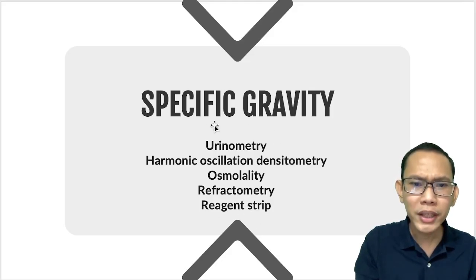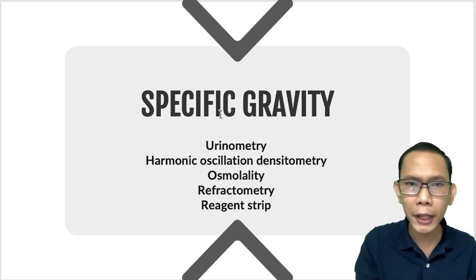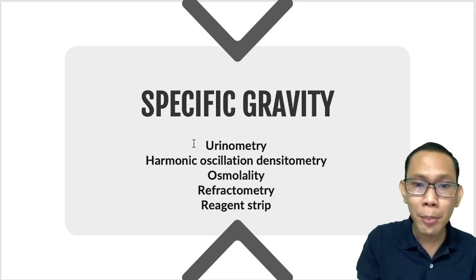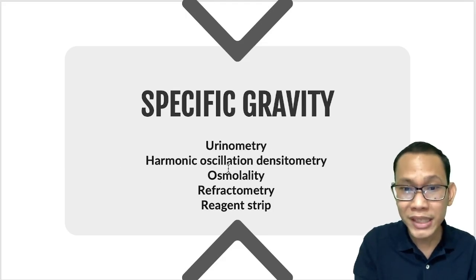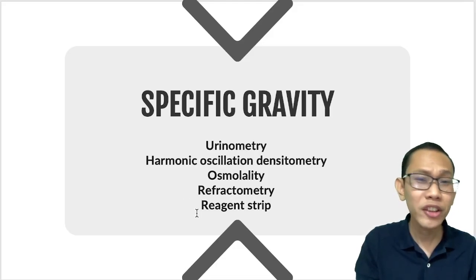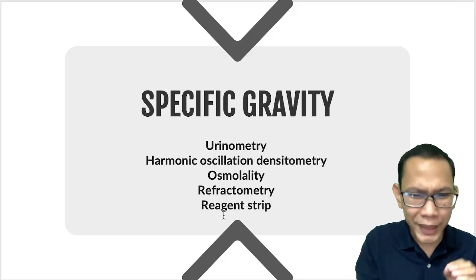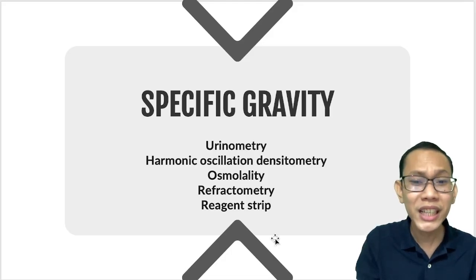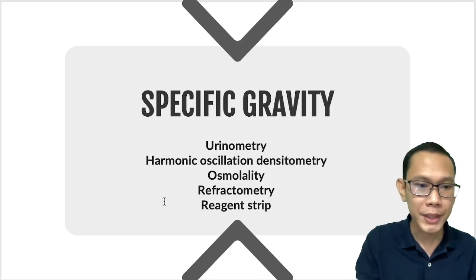Urinometry and harmonic oscillation densitometry are already historical methodologies of identifying specific gravity of urine. What is currently employed right now is osmolality, refractometry, and reagent strip. But the most common among these three is really your reagent strip. This is what we really use in most laboratories.